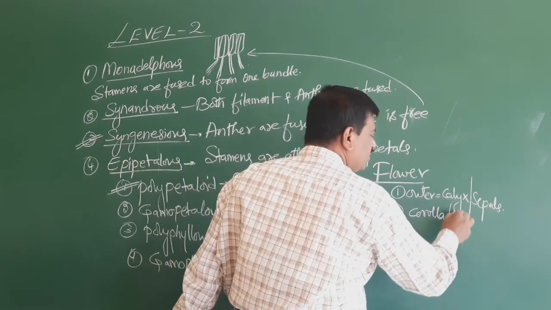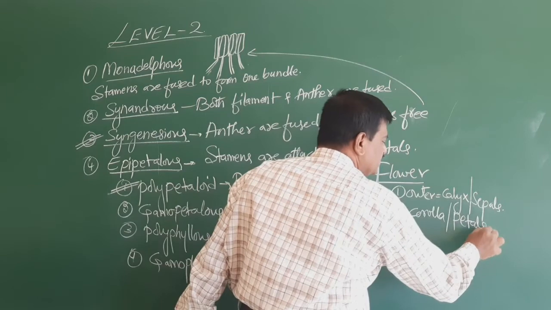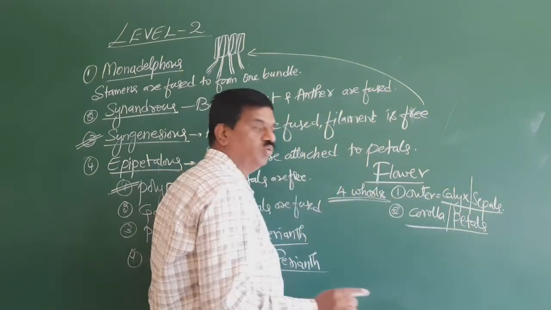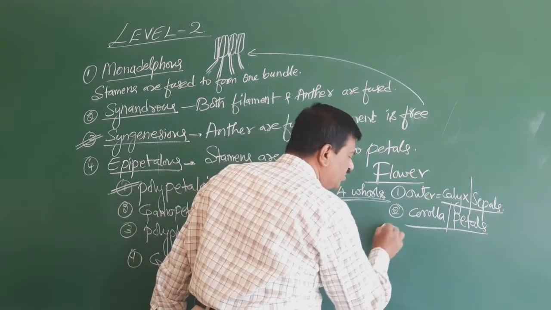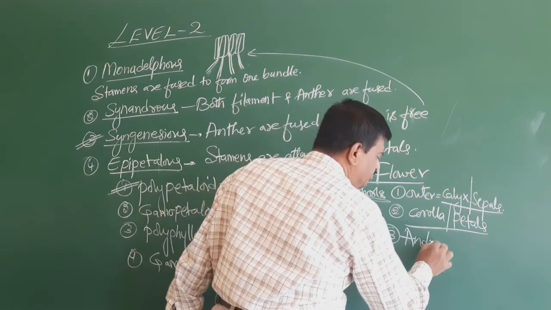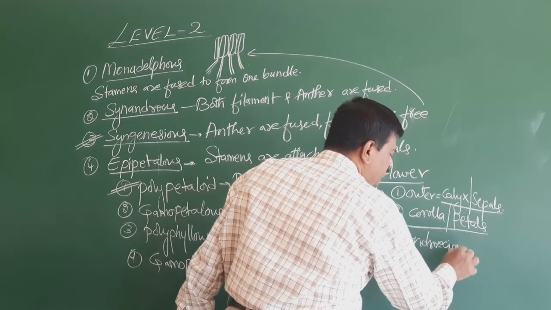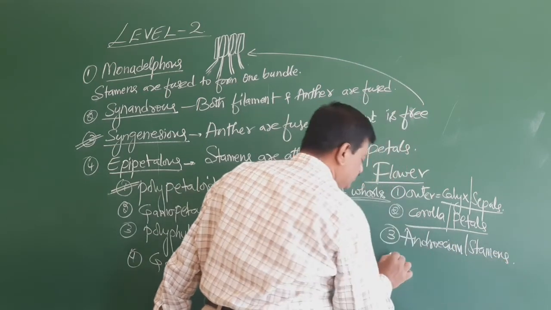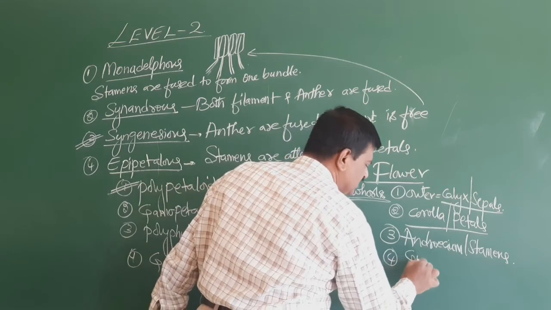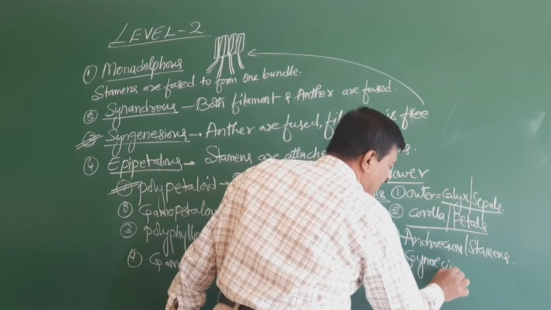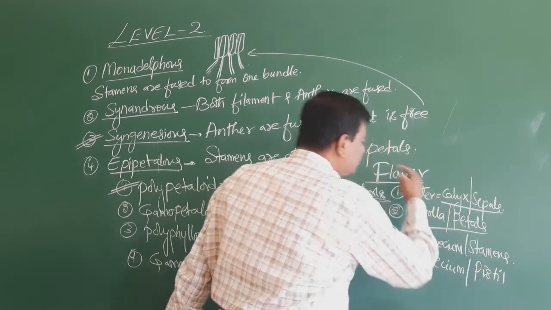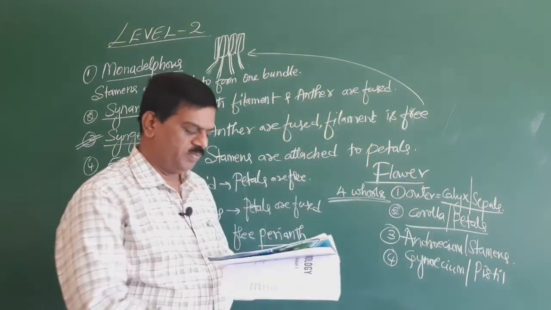This corolla is called petals, but these two are called non-essential whorls. Whereas the third whorl is called androecium. Androecium may even be called stamens. And the fourth one is called gynoecium. The gynoecium is nothing but pistil, carpel. So all the 4 parts are present.